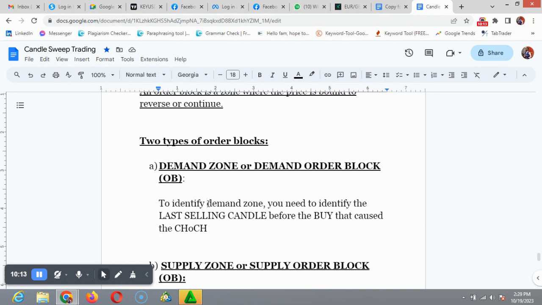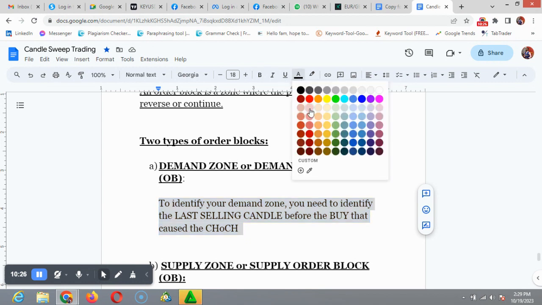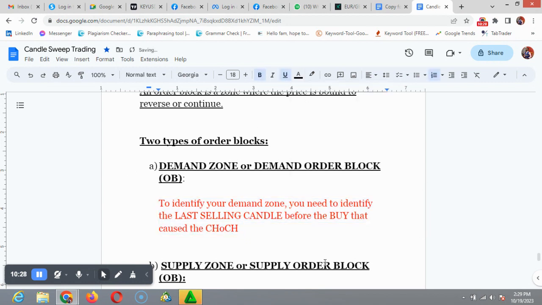Let me make it red so that you can clearly see it. The rule states that to identify your demand zone, you need to identify the last selling candle.